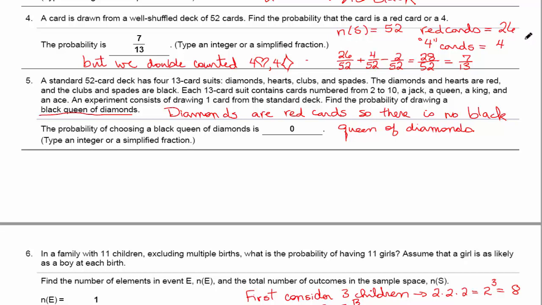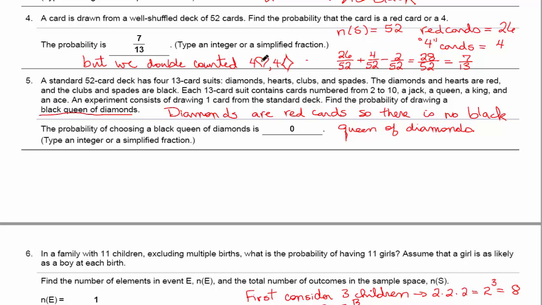So you might think, well, let's just add them all up. I got 26 out of 52, and I got 4 4s, so 4 out of 52. And that would give me 30 over 52. But the problem is I double counted 2 cards, the 4 of hearts and the 4 of diamonds.